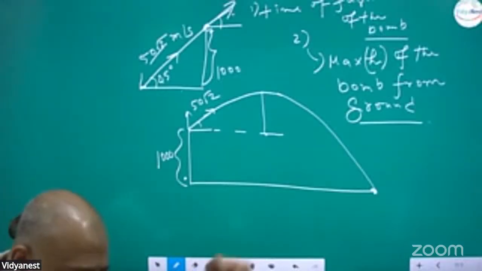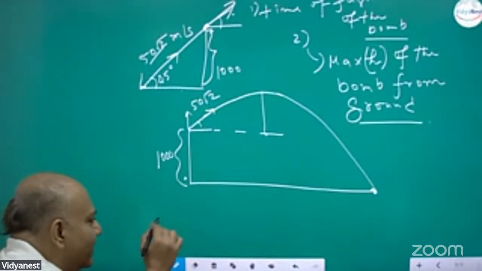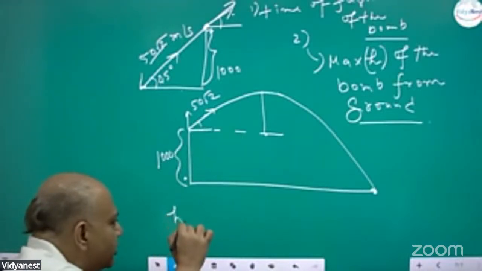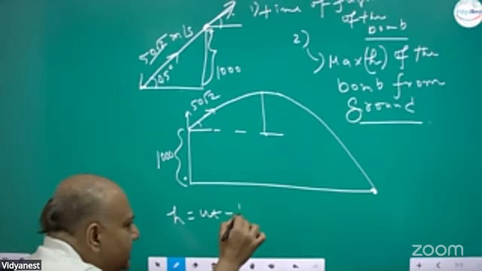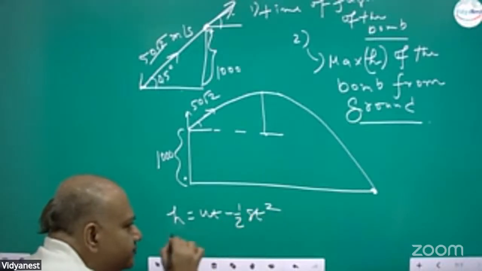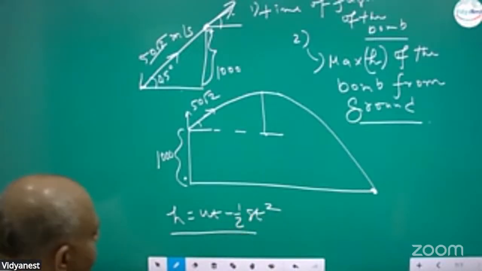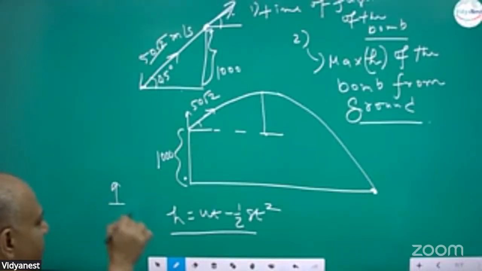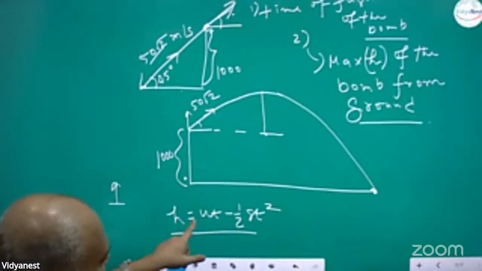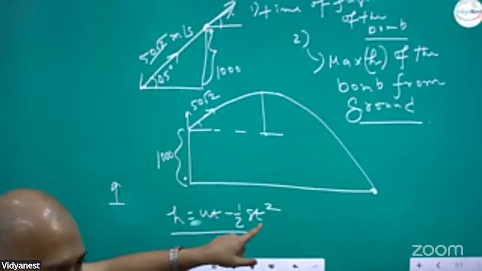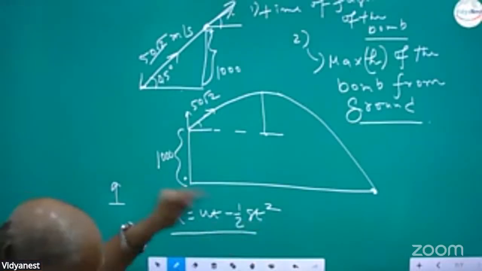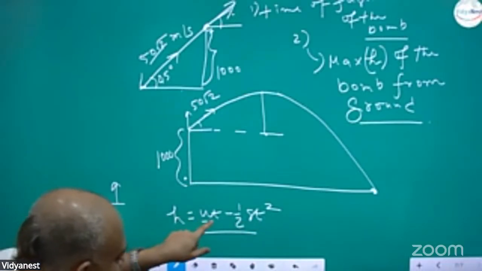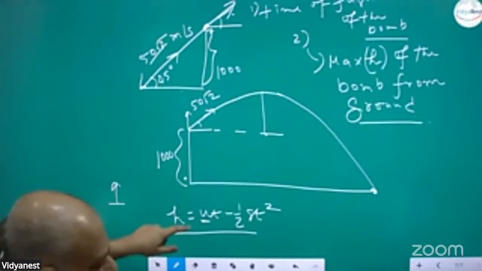The equation we write now is h is equal to ut minus half gt square. Whenever we throw a particle in the upward direction, we write this kind of equation, h is equal to ut minus half gt square, isn't it? But u is the upward velocity, and h is the downward displacement.